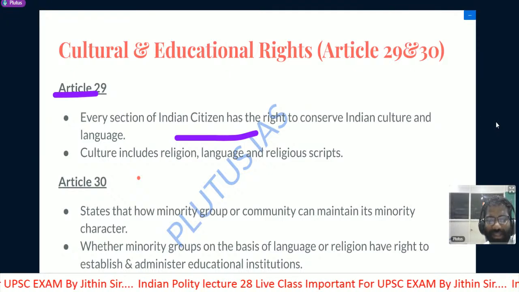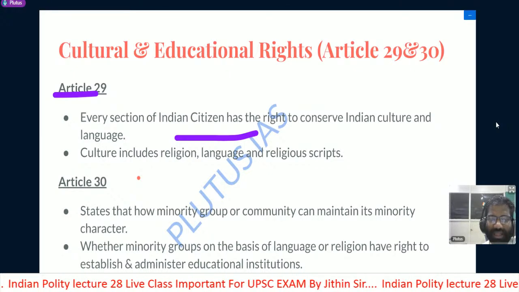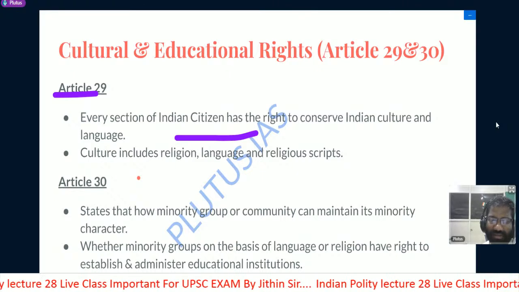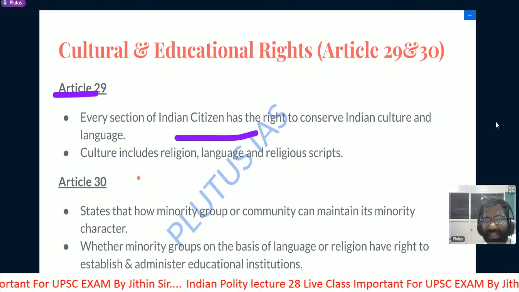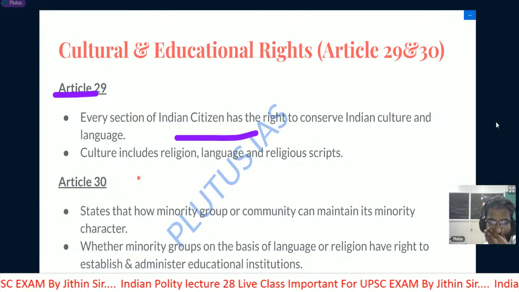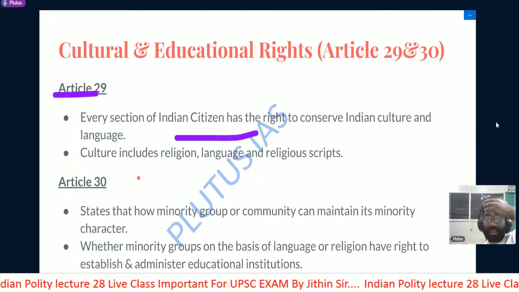The term culture includes religion, and the term language includes religious scripts.